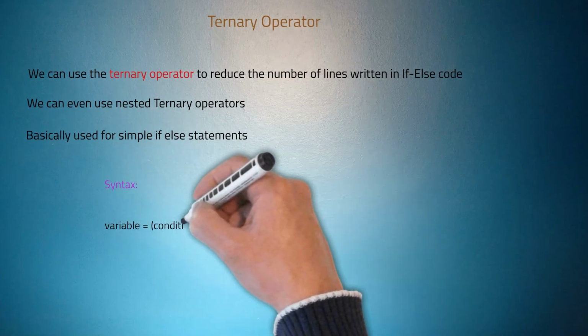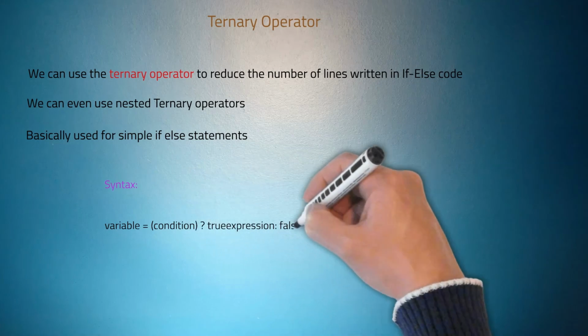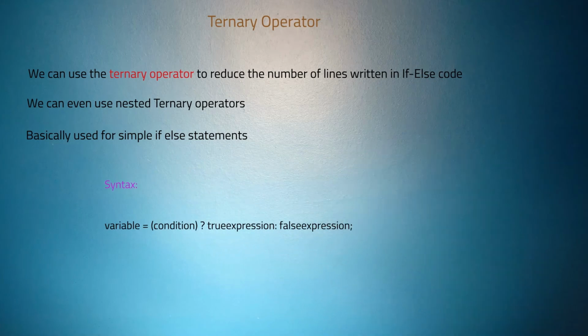The syntax is the variable name followed by the equal to operator, followed by the condition in brackets, followed by a question mark, followed by true expression colon false expression. This is the syntax of the basic ternary operator. We will see simple and complex ternary operator usage in the practicals.